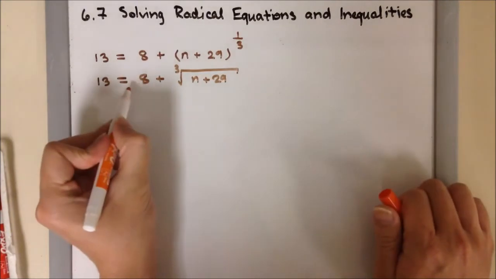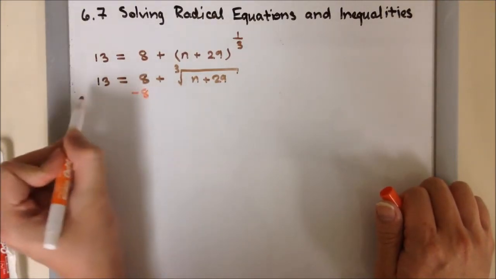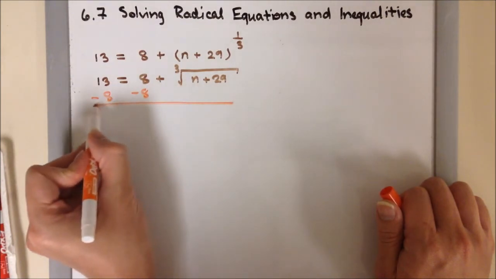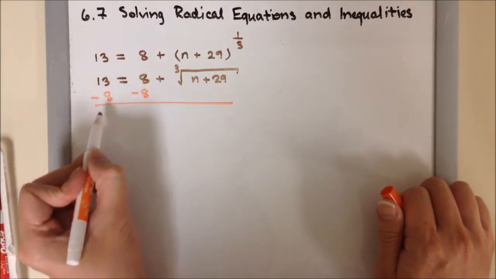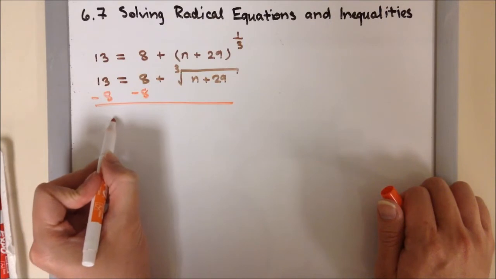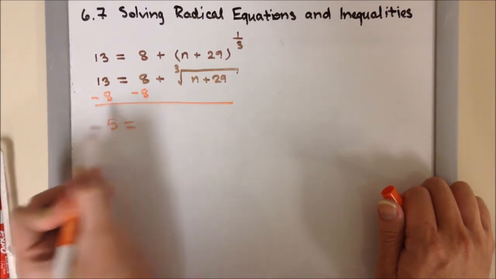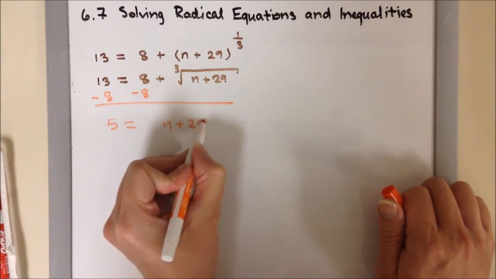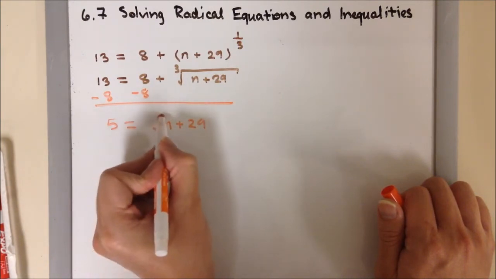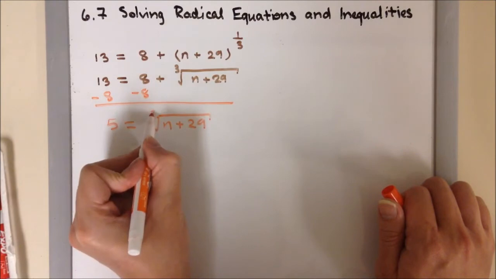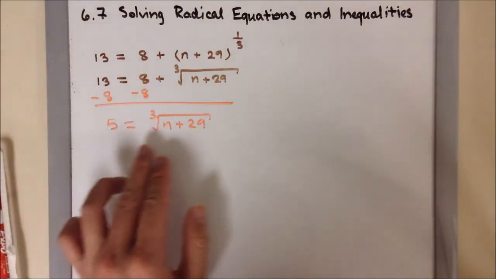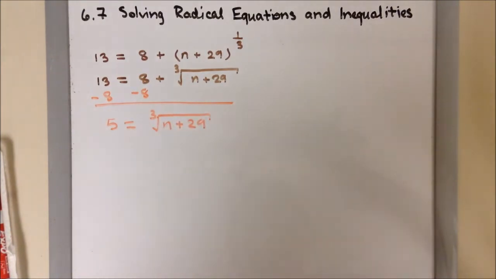So I'm going to subtract 8 from both sides because I want to cancel out the 8. On the left side, 13 minus 8 will be 5. It's going to equal the cube root of n plus 29. So it's 5 equals the cube root of n plus 29.